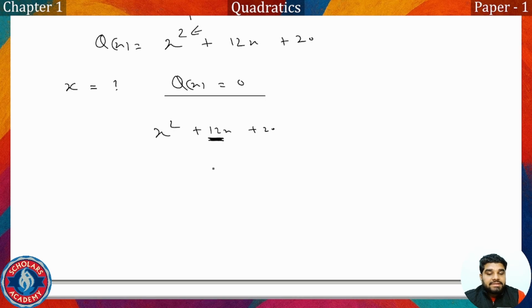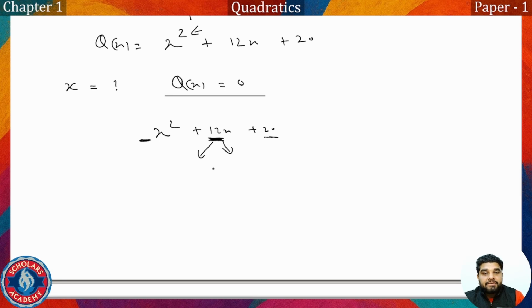We need to split this middle term in such a way that the sum of the two terms that we are forming should be 12x. We don't need to change the equation. We are just changing the form of the equation. So the sum should be 12x and the product should be equal to the product of coefficients of the first term and the last term.